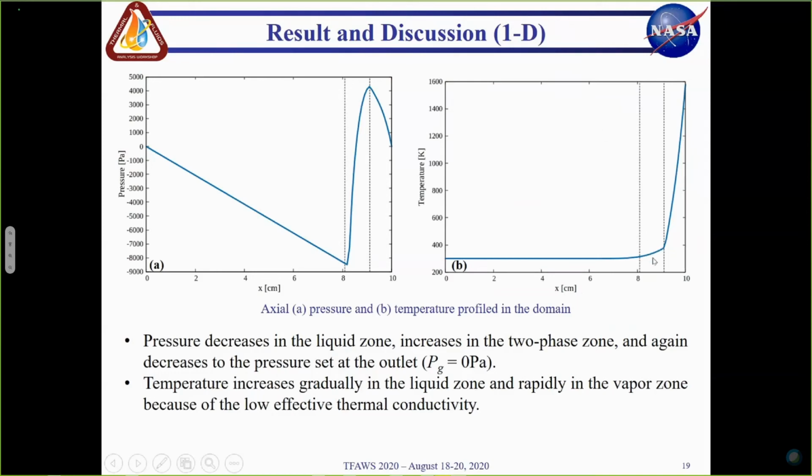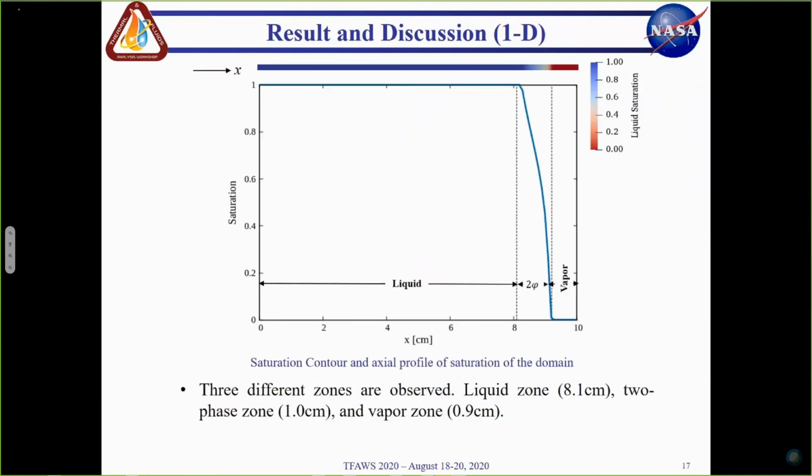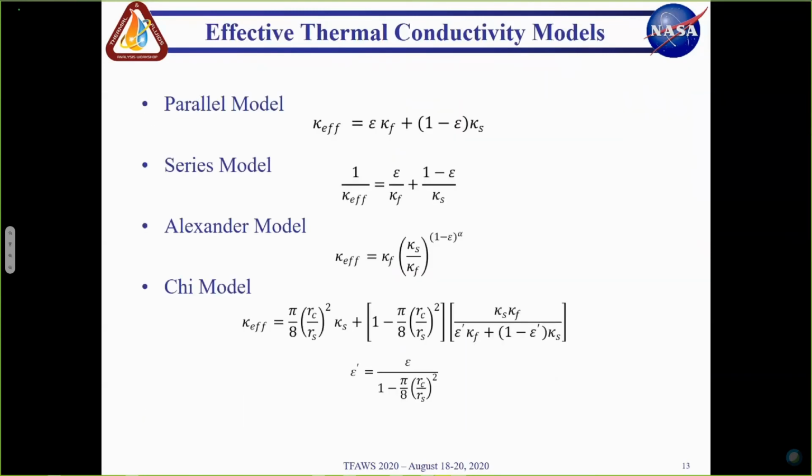As I was saying, we're still developing our solver, so it's too early to compare with the model now. After we fix all the issues that we are having in the two-phase zone for temperature, then we'll be comparing our results with different models.